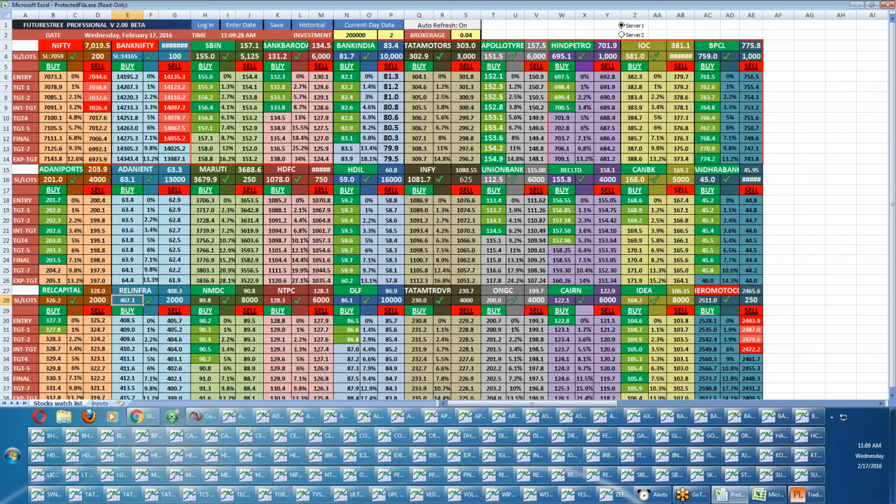So rel cap and rel infra, we had sell calls and it has hit stop loss. And again now we have a buy call.